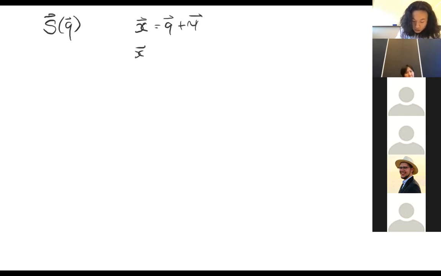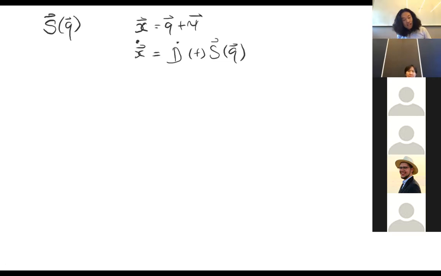We want to take the derivative, so we want to look at the velocity. The q is the initial position where you place a particle down, so it has no time dependence. Once you put it down, it stays there. So q drops out in the time derivative. All you have is D dot and S, which depends only on position, so it also has no time derivative.